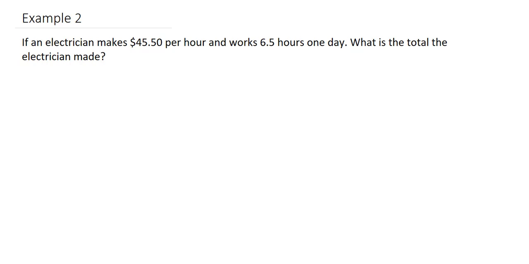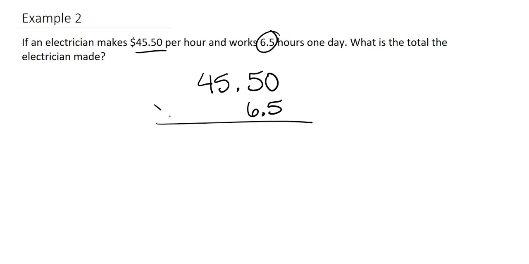Well, we're going to place the larger number on the top. And we're just going to place the 6.5 below. Notice we ignored the decimals, and now we can go ahead and begin to multiply.